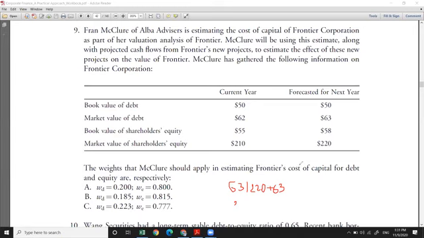The proportion of the equity, if you find it here, is equal to 0.223.